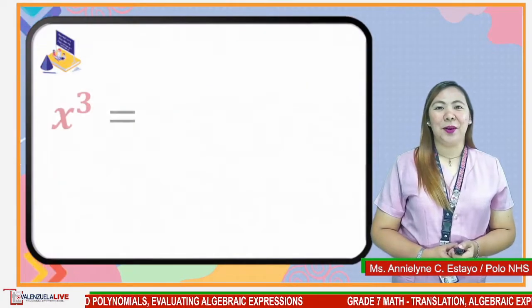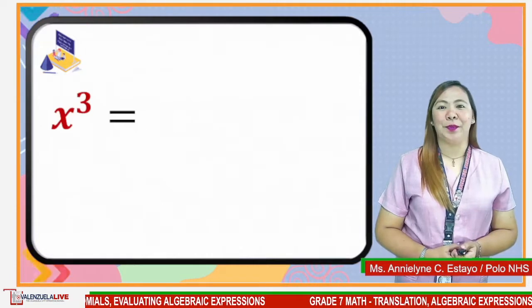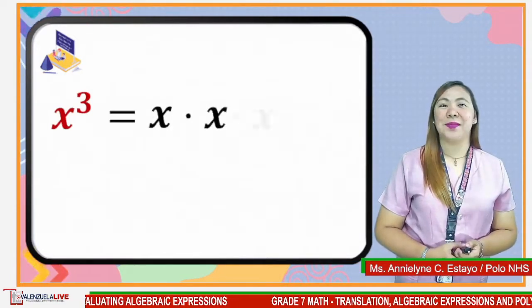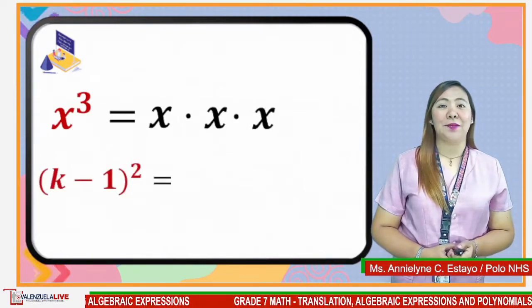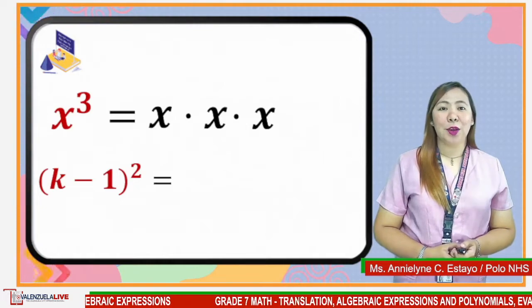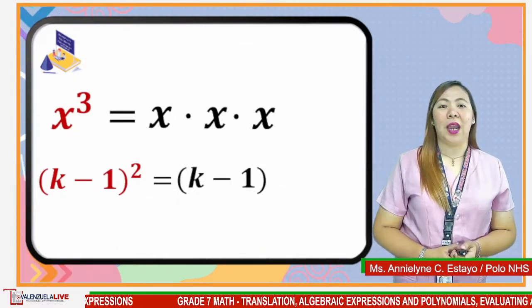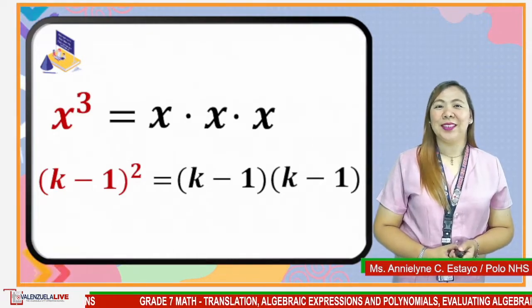Another example, x raised to the power of 3 or x cubed, is equal to x times x times x. And the square of the binomial k minus 1 is equal to the quantity k minus 1 multiplied by the quantity k minus 1.